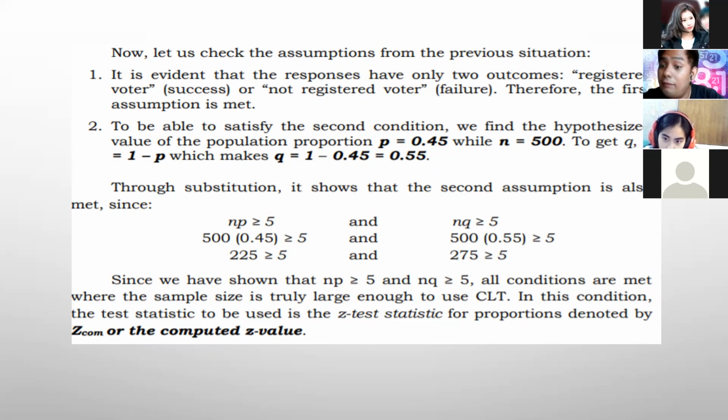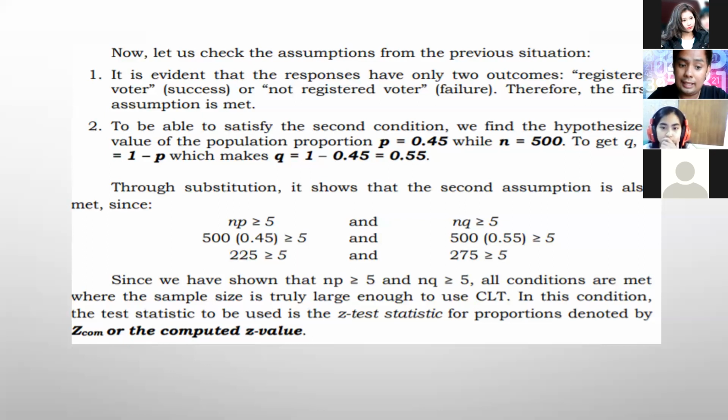So 275 is greater than or equal to 5 pa rin. So ibig sabihin, parehong side ay pasok sa ating idea. So dahil pumasok sila sa greater than 5, pwede natin gamitin na ang z-test.